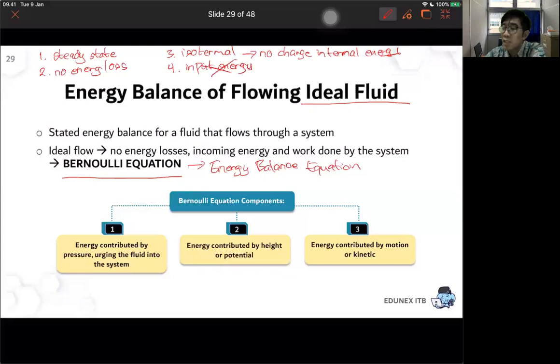Jadi tidak ada input energy to the system, and there is no work done by the system. So these are the assumptions of the Bernoulli: steady state, isothermal, no energy loss, no input energy, no work done by the system. So for the ideal Bernoulli equation, there are only 3 types of energy, which are pressure energy, potential energy, and kinetic energy.